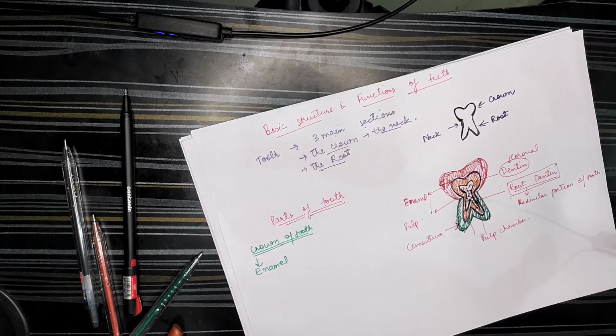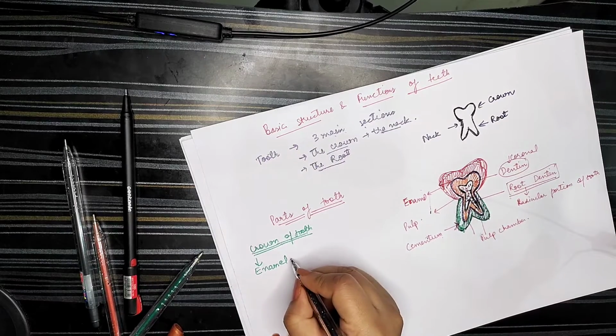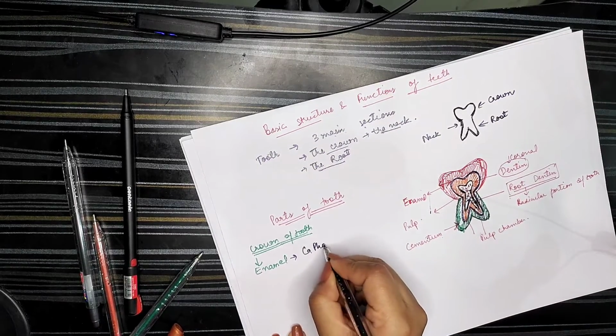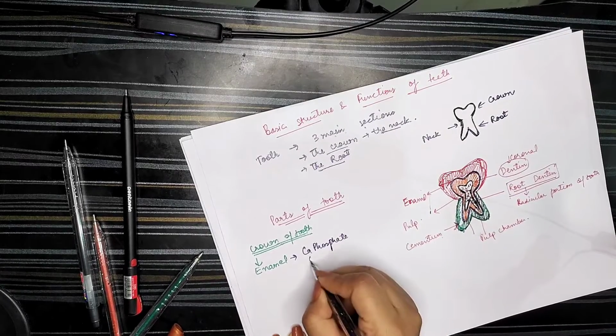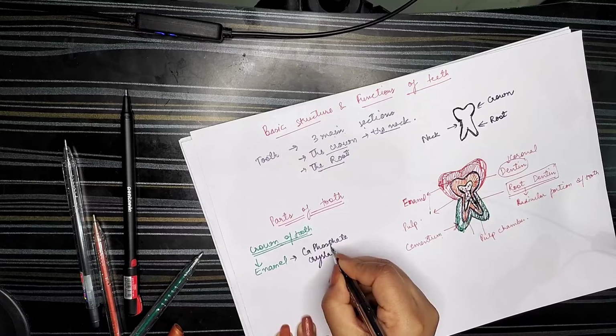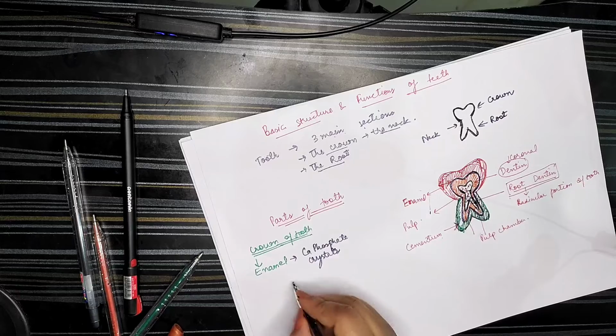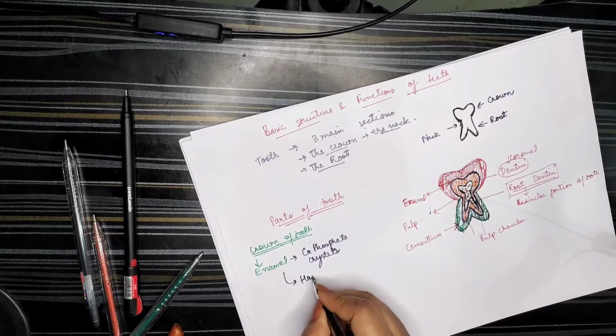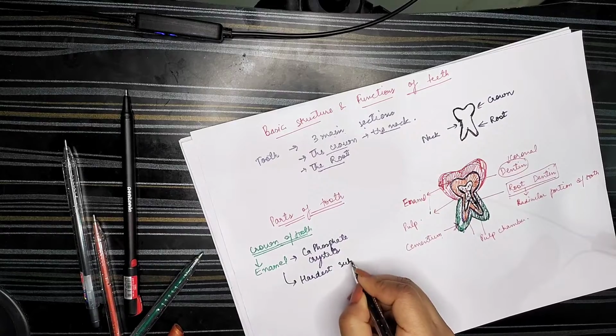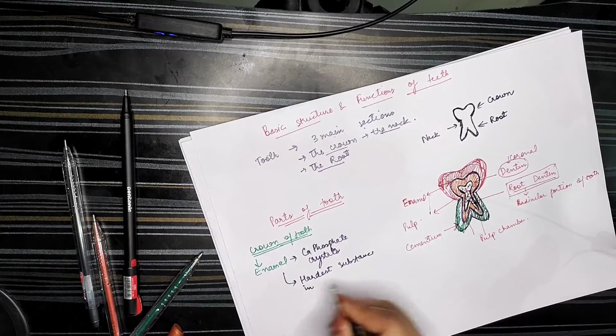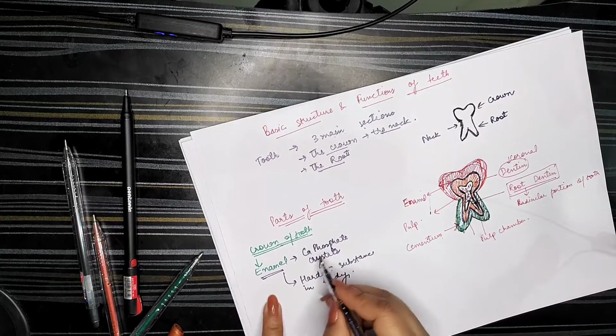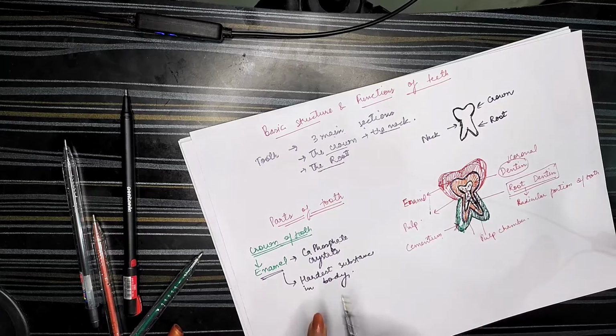This enamel is made up of calcium phosphate crystals and is the hardest substance in the body.